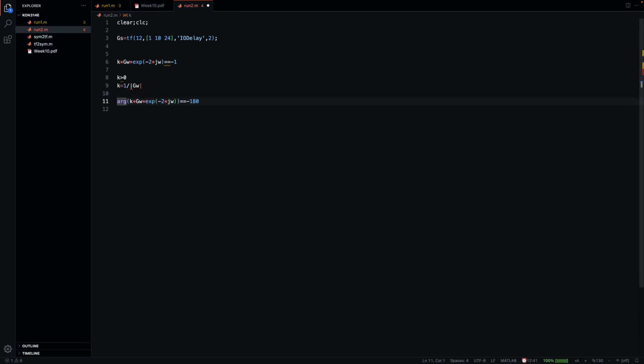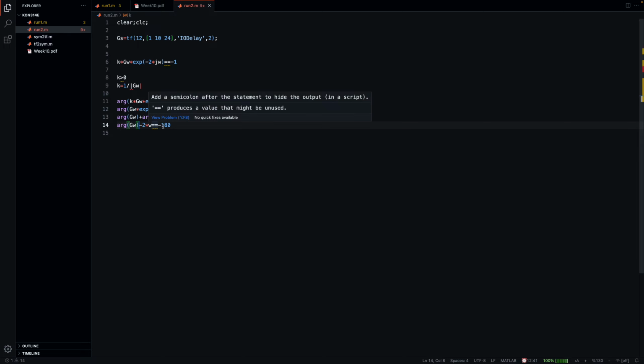Since K is positive, we can get rid of K directly, and we know for a fact that the argument of G(omega) plus the argument of the exponent term here. Since this is already in phasor form, again, we will have minus 2 omega. But then there's the problem of units, because this is in degrees, but this is in radians per second.